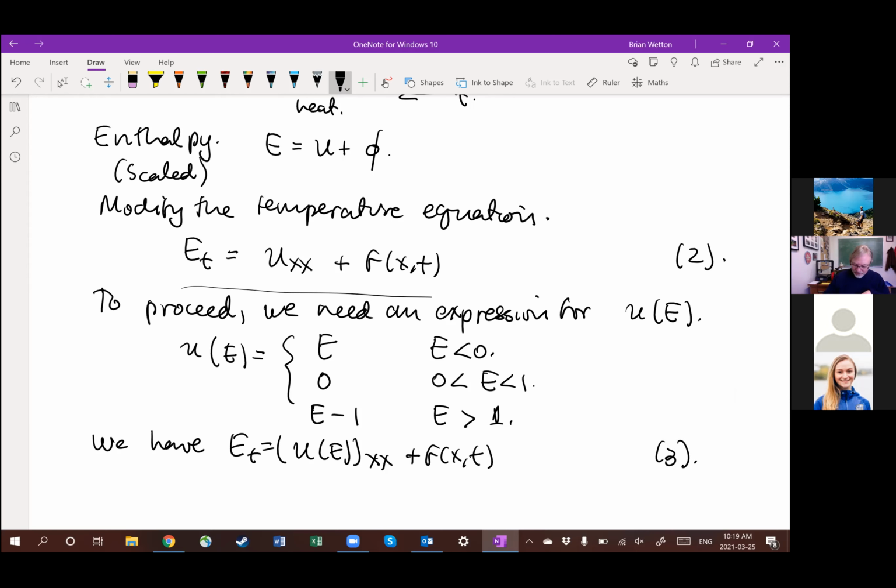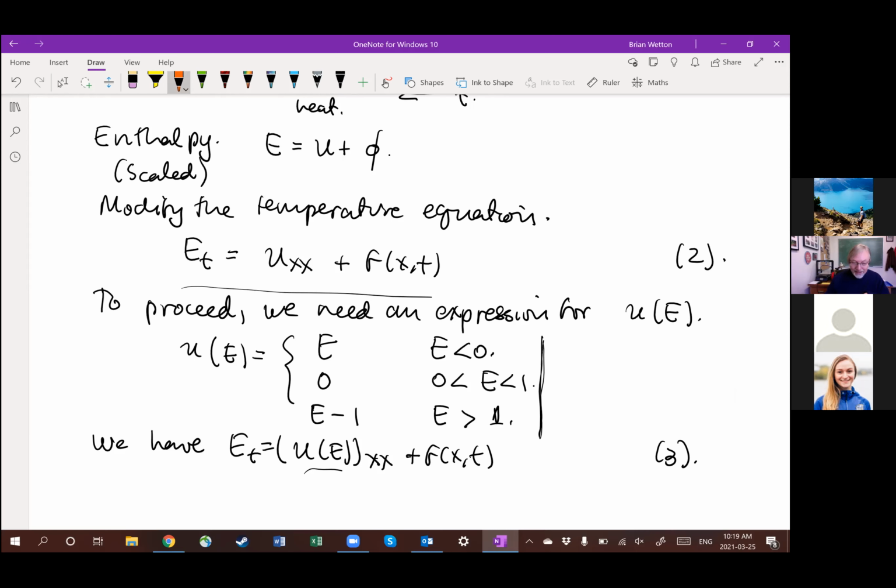And of course, you notice there are some discontinuities in the derivatives of this function, which are going to do some interesting things here. We can say that this is going to give us weak solutions, but we're pretty okay with the idea of weak solutions, hopefully, at this point. Okay, so that's the formulation.